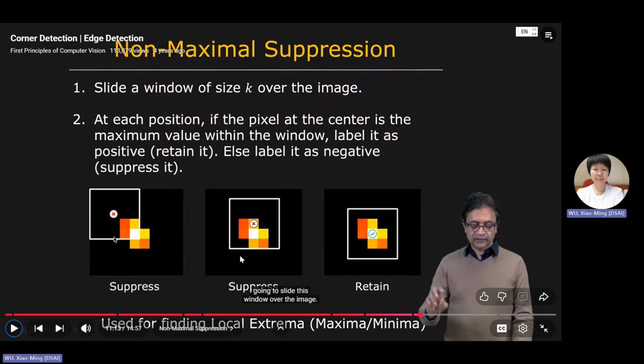For this case, the value of the center pixel is smaller than this one, so we simply suppress this, discard this. Then when we move the window to this pixel, and it happens to be the largest one, we keep it.